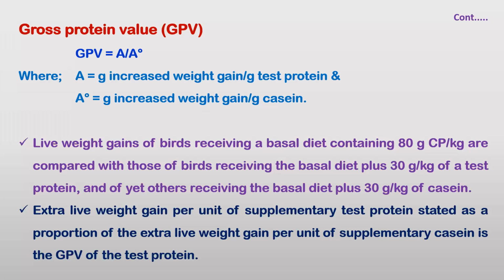The basal diet contains 80 gram crude protein per kg, and that is to be compared with the diet of birds receiving the basal diet plus 30 gram per kg of the test protein, and the other group receiving the basal diet plus 30 gram per kg of purified protein, that is casein. Between the two we can compare, and by that way we can calculate the gross protein value.